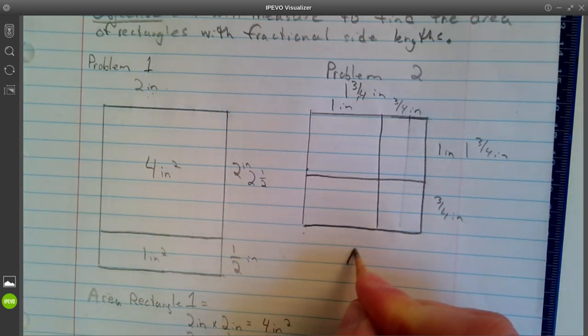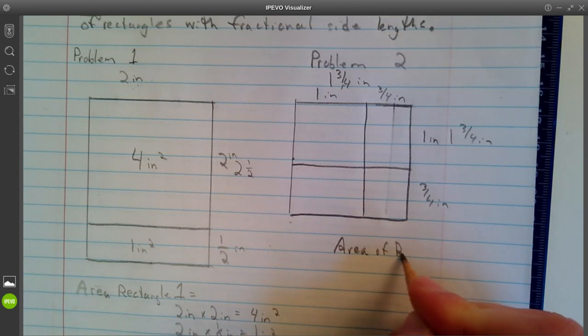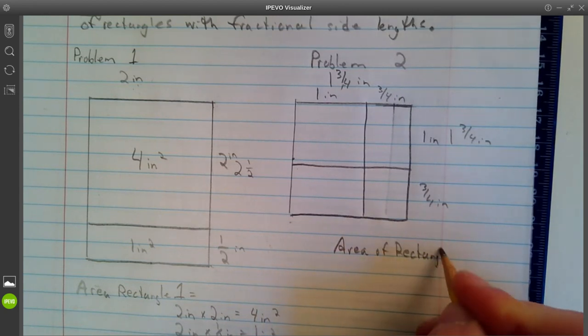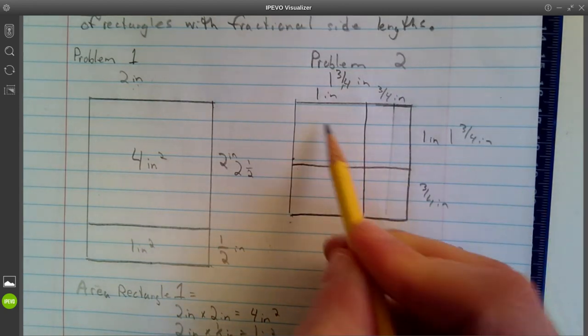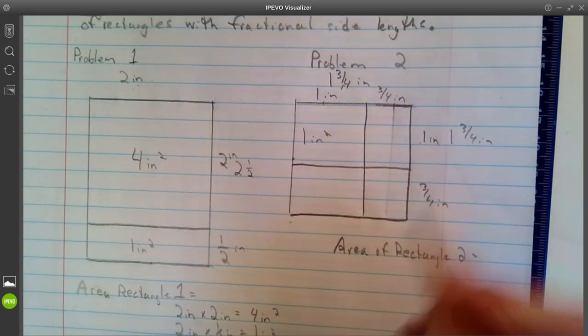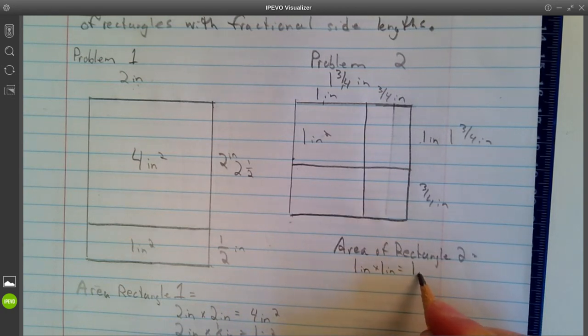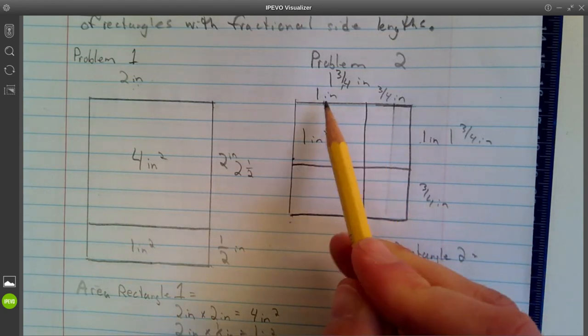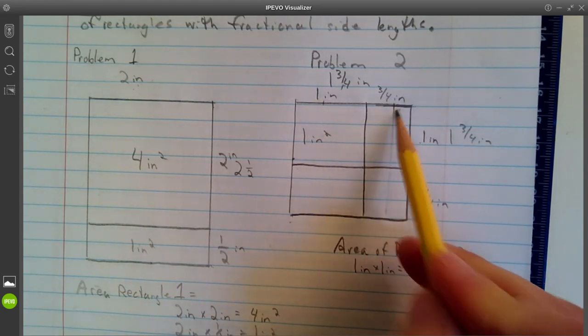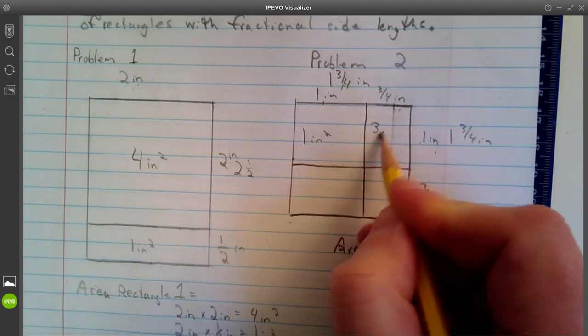And so the area of rectangle 2 equals, so 1 inch times 1 inch, that's 1 square inch. And then we have 3/4 inches by 1 inch, that's 3/4 square inches.